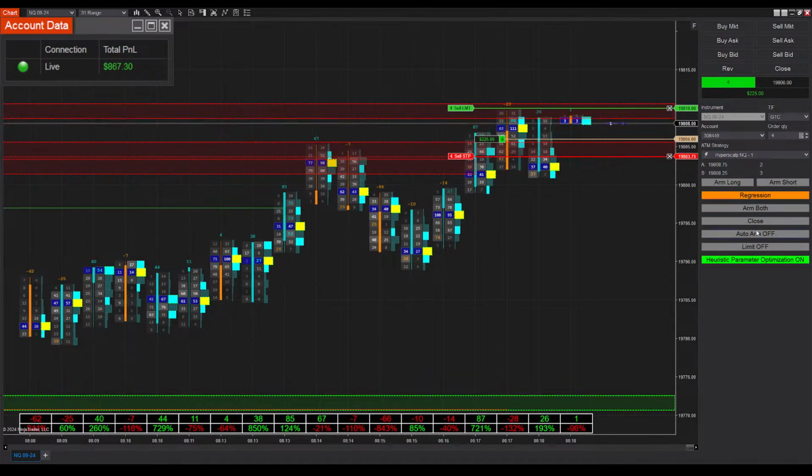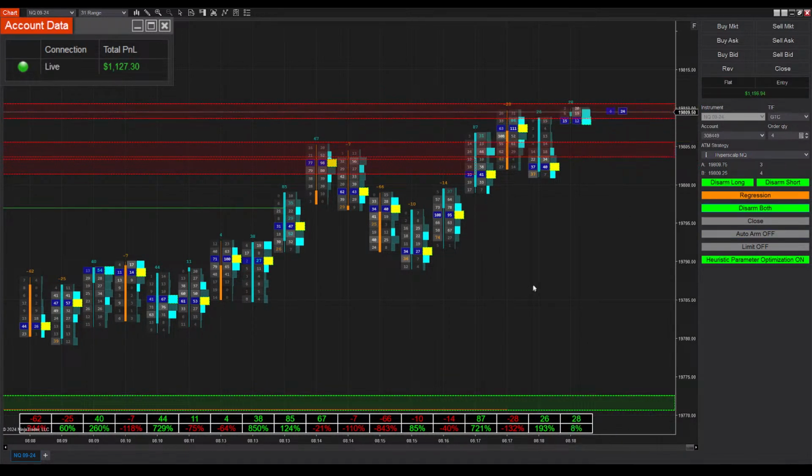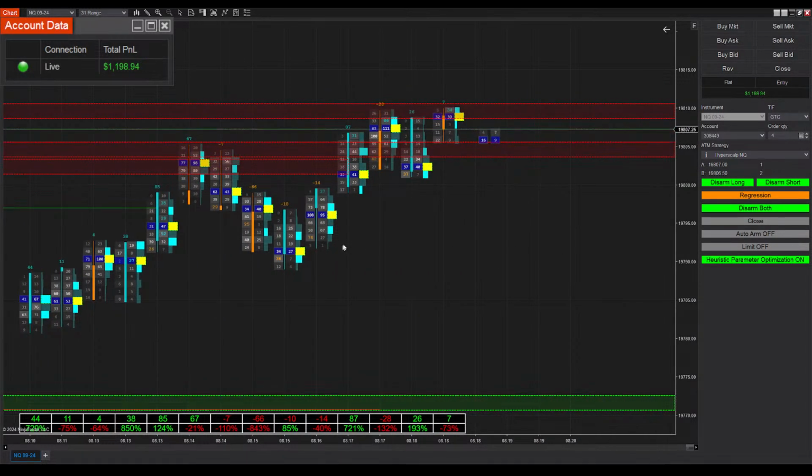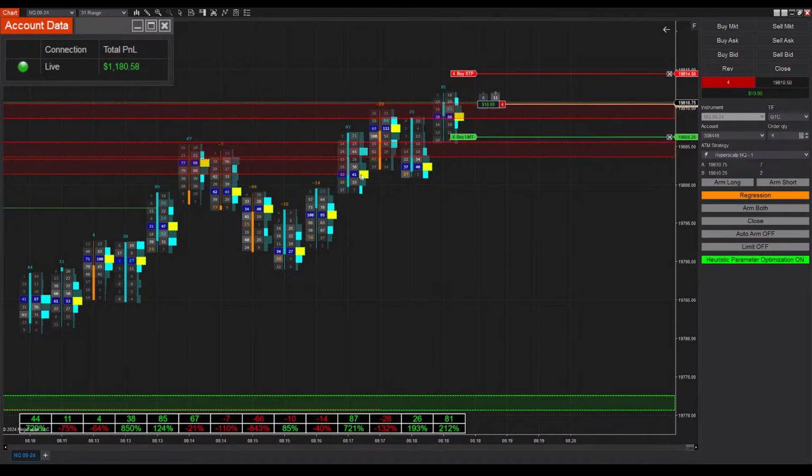Just got put into a long position, reaches our automatic stop chase quite quickly, and now we're up to 1,198. Classic regressive trade, pushing us down into this zone again.